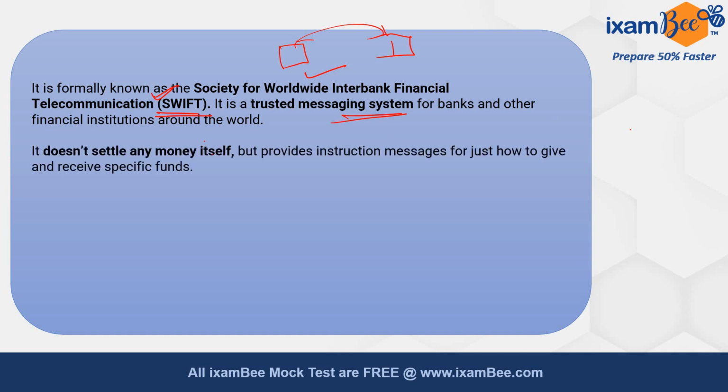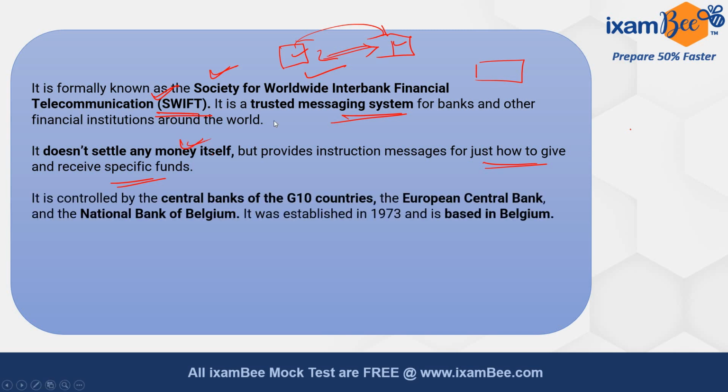So it doesn't settle any money itself, but provides instruction messages for how to give and receive specific funds. You can consider this as a way through which this organization sends messages to send or receive money, but it does not settle any money by itself. So this is SWIFT.